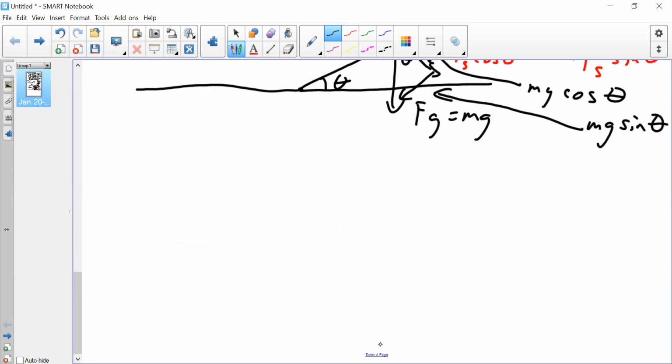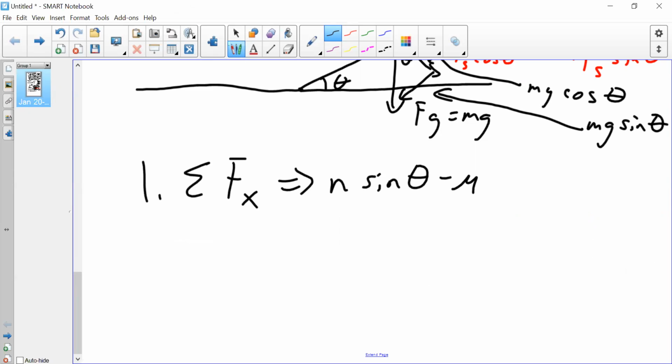In the x direction, we have N sine theta minus mu s N cosine theta, and those forces are going to be equal to the net force, which is centripetal force, mv squared over r, like ma, where a this time is the centripetal acceleration.